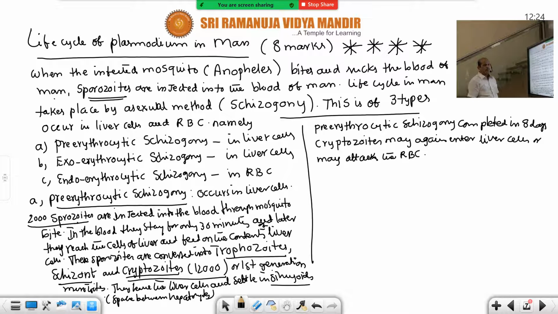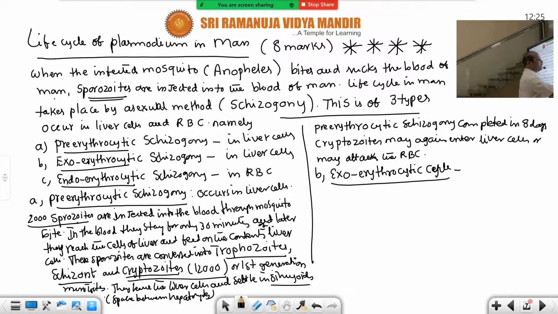So cryptozoites are the infective stages for the second stage life cycle, that is the exoerythrocytic cycle, or the third stage life cycle, endoerythrocytic. But generally the second stage in the life cycle of Plasmodium in man is the exoerythrocytic cycle.